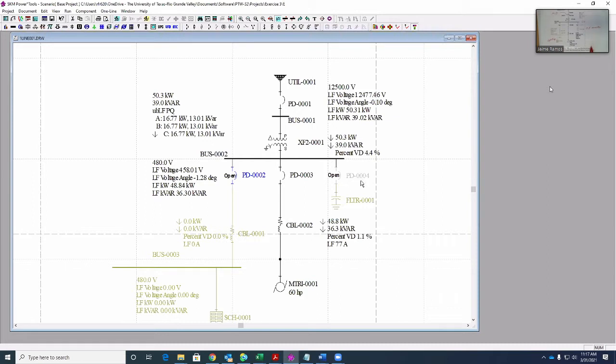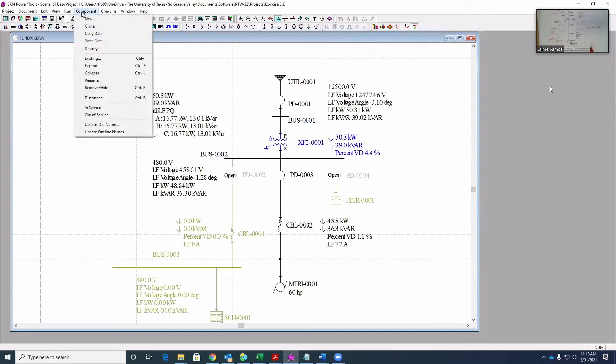All right, so then we have this transformer, delta Y transformer. So if we click on the transformer, and then we go to components, so what is it? No, that's where we look at transformers.